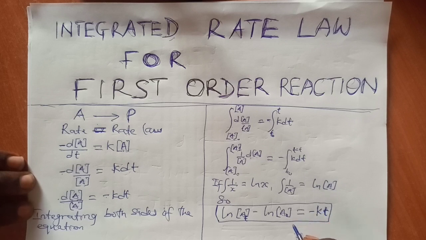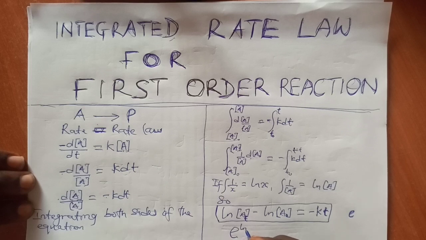Do you know that if you raise each side of the equation to the exponent e, the equation will turn to e raised to the power of ln A, which is at a particular time, equal to e raised to the power of ln A naught, all minus kt.